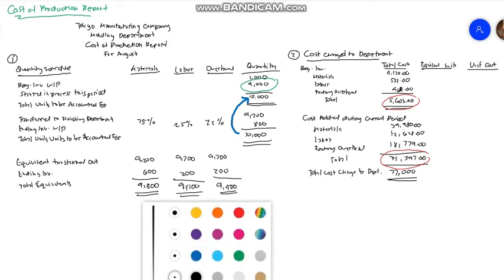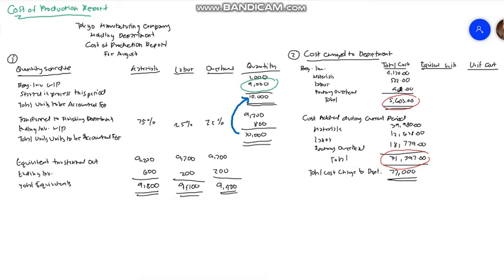Okay, so let's continue. So the total equivalent units for the labor is 9,800. For both labor and factory overhead, that's 9,400. So the unit cost of each that it asked is 450 and 1.4 and 2.1.